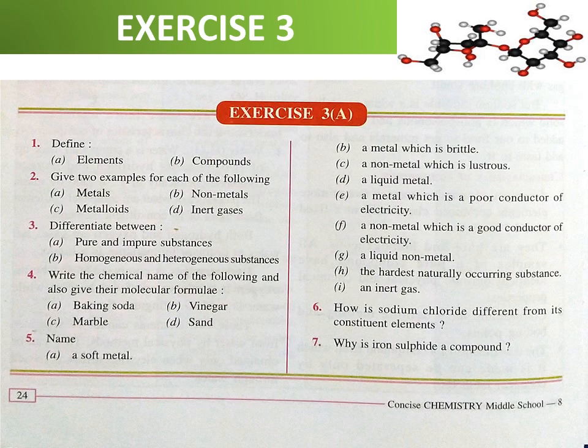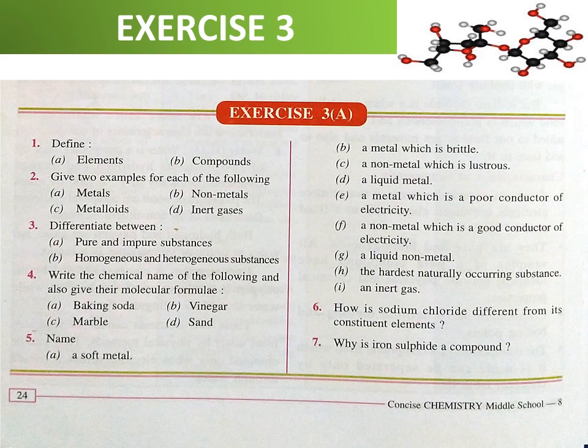The answer is, sodium chloride is made up of element sodium, which is a metal, and chlorine gas, which is a non-metal. Now, sodium is a highly reactive element, which is a metal as well as solid, and it catches fire when it comes in contact with water.